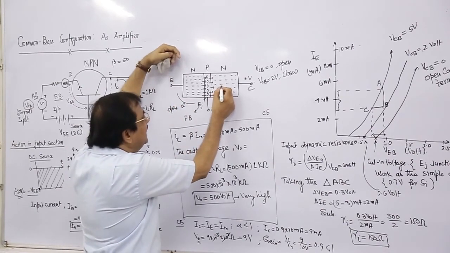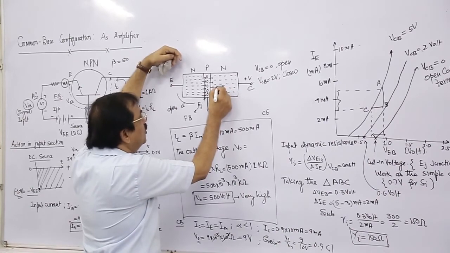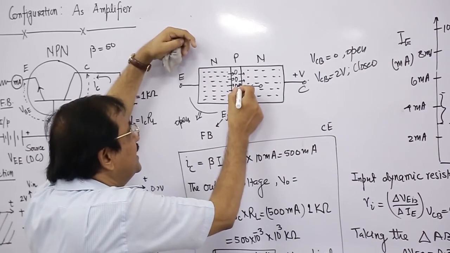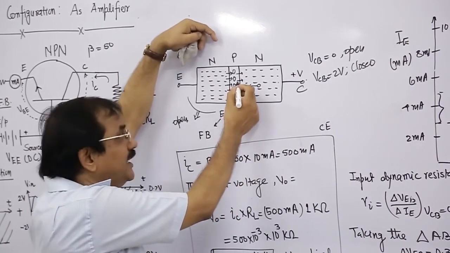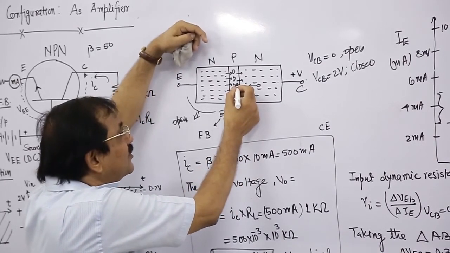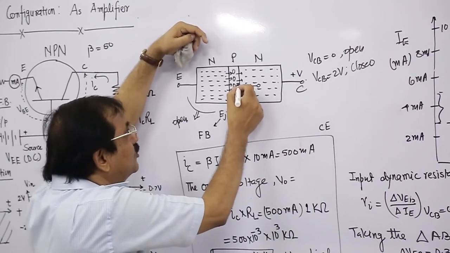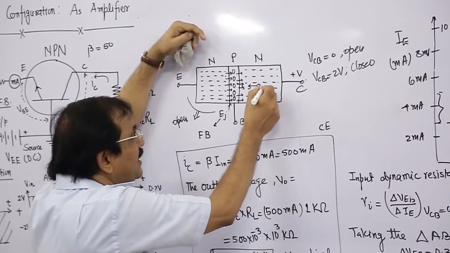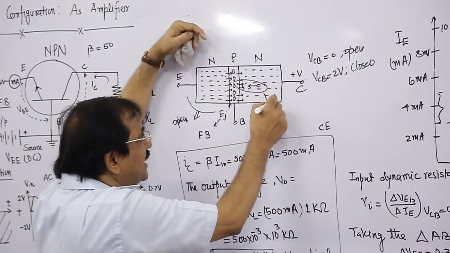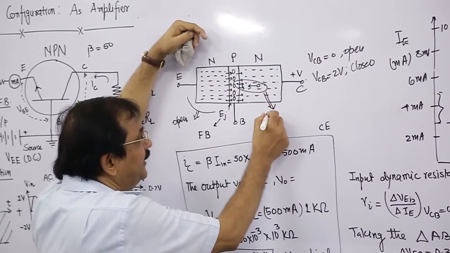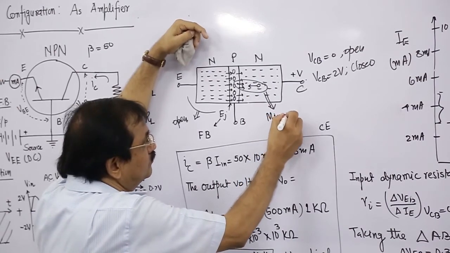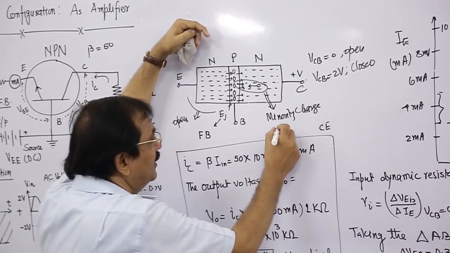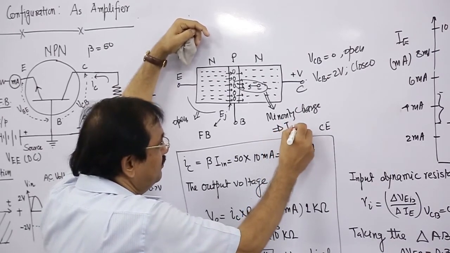The minority charge carriers, holes from N to P, and electrons from P, are moving in this way, and these two types of minority charge carriers are flowing.